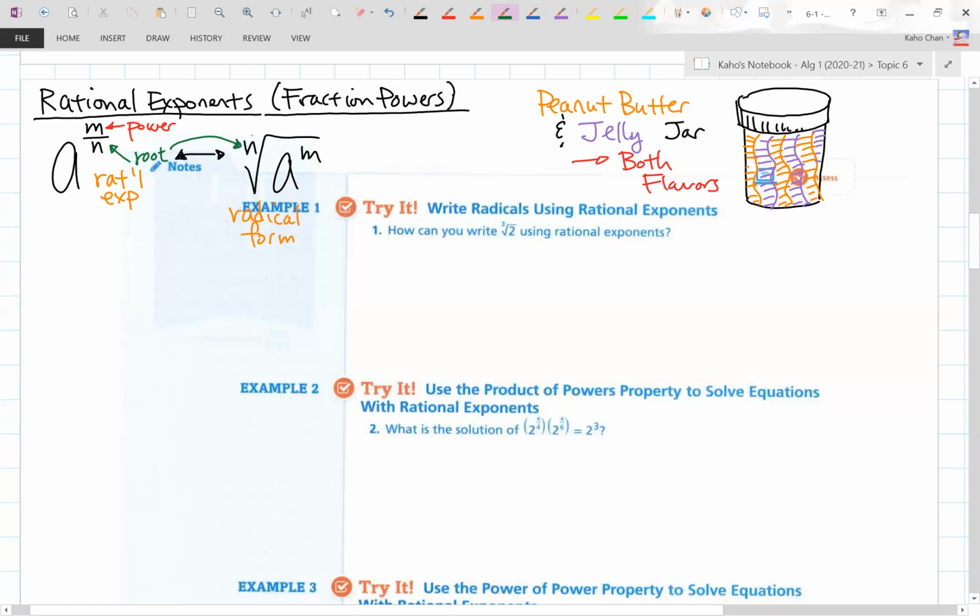The power is out here, of course, above the base. We call this, let me write this down, the nth root of a to the m power. That's how you say that, okay?